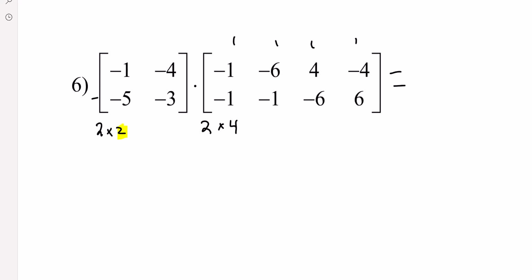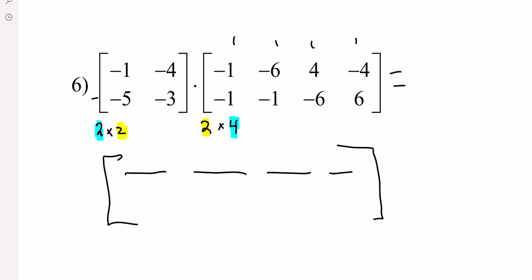So the two inside ones need to agree, and they do. If those two numbers didn't agree, then we couldn't multiply. It would be undefined. But the two outside numbers dictate the size, so it's going to be a 2 by 4.